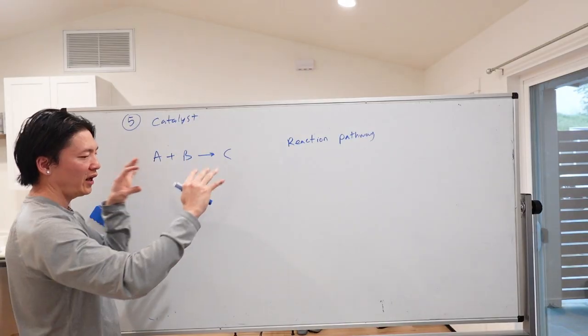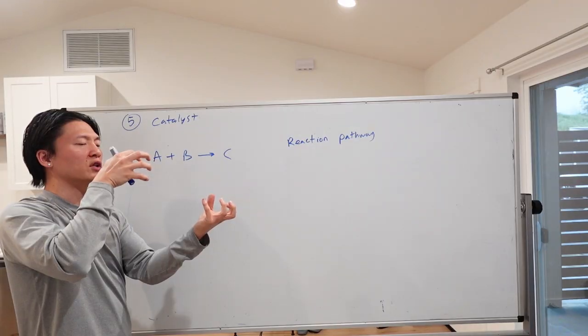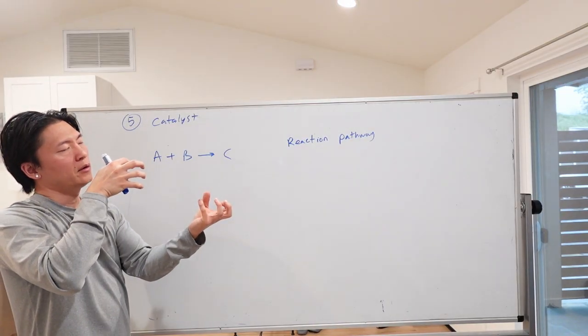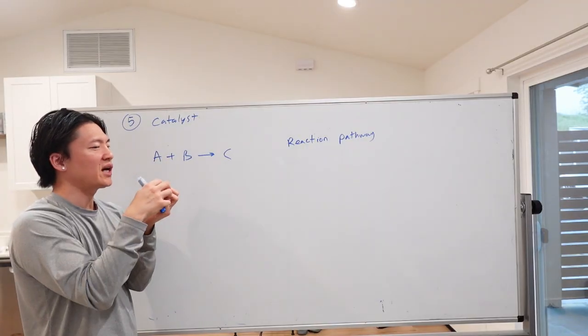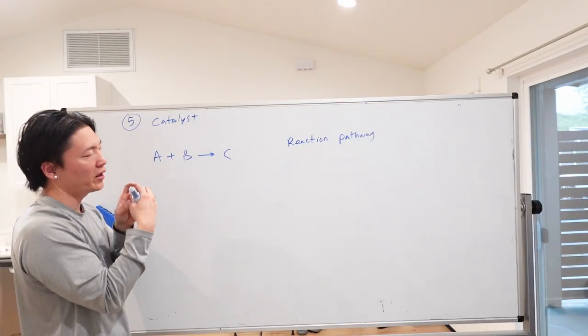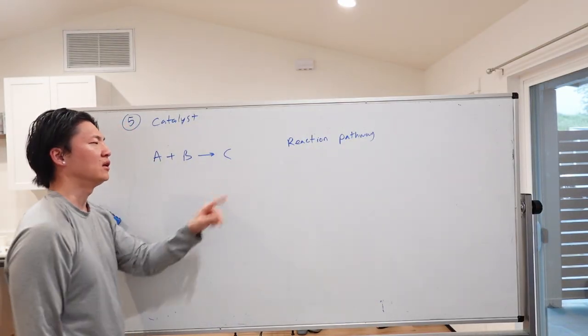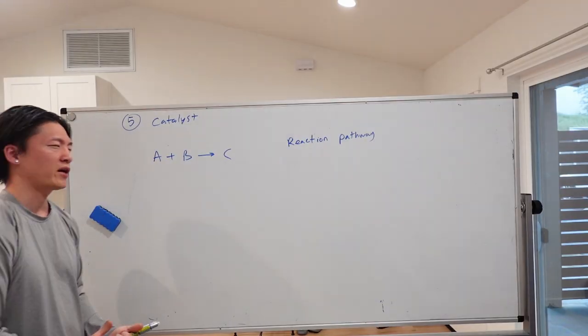It's possible that when A and B collide, they need to somehow turn themselves into the right orientation, and then when they come close enough, they need to produce a tiny little particle first, and then that tiny little particle comes back into it somehow, some way, and then boom, it makes product C. A lot of things can happen, and so we don't learn the actual reaction pathway.